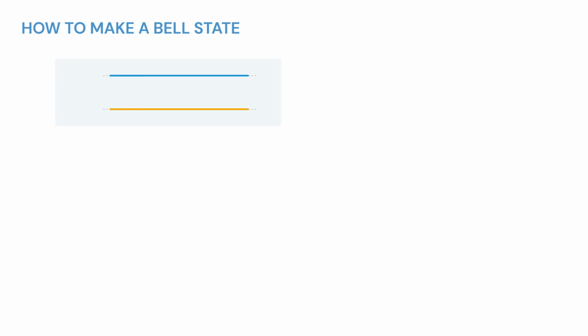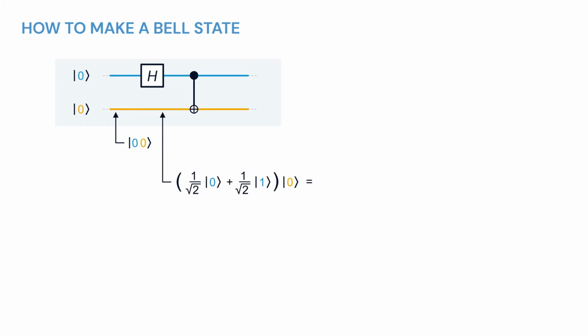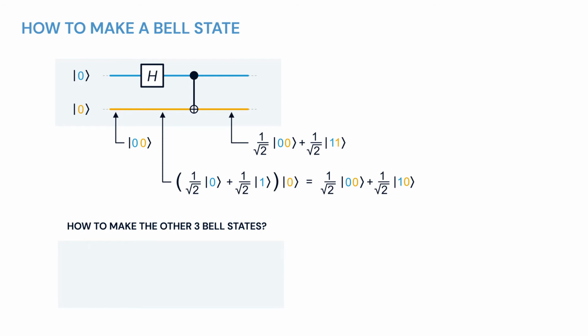The CNOT gate allows us to create entanglement, another important property in quantum computing. If we apply a CNOT to the plus 0 state, we create the state 00 plus 11, which you might recognize as one of the Bell states. By choosing the appropriate input states for both qubits, we can create the 4 Bell states.